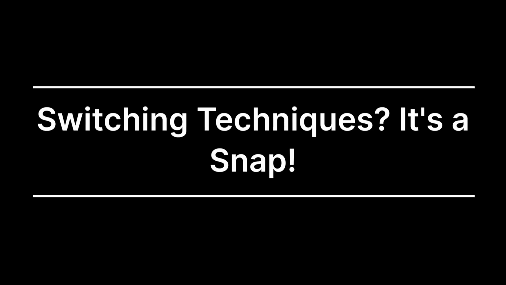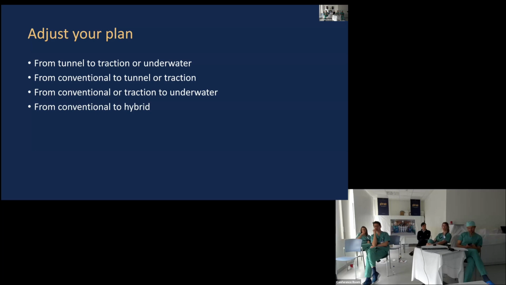No. So often from a tunnel approach, you can switch to underwater or even to traction at the end, from conventional technique to a tunnel or traction, and actually you can switch between all techniques.